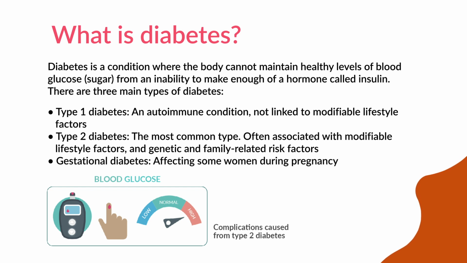Type 2 diabetes is the most common, accounting for 85% of all diabetes. Type 2 diabetes is often associated with lifestyle factors and genetic and family-related risk factors. Type 2 diabetes can be prevented or delayed.